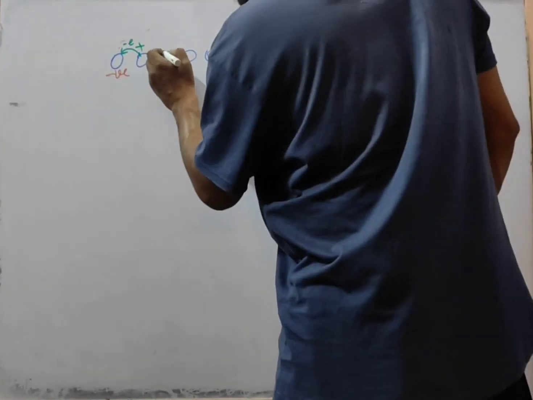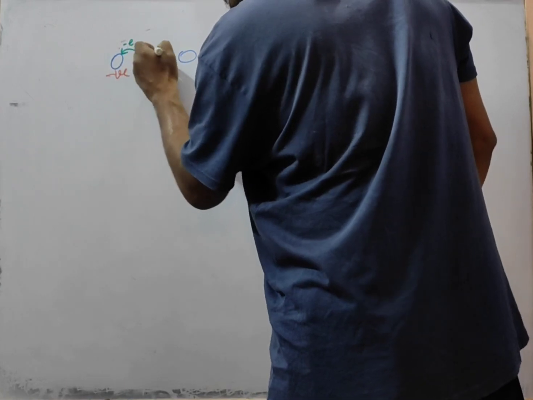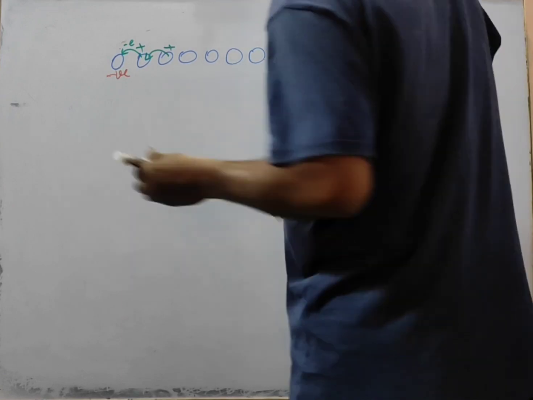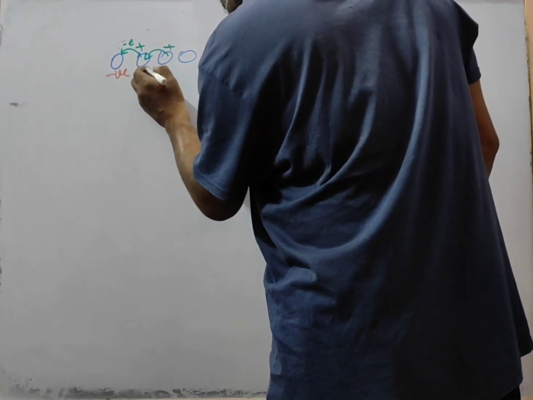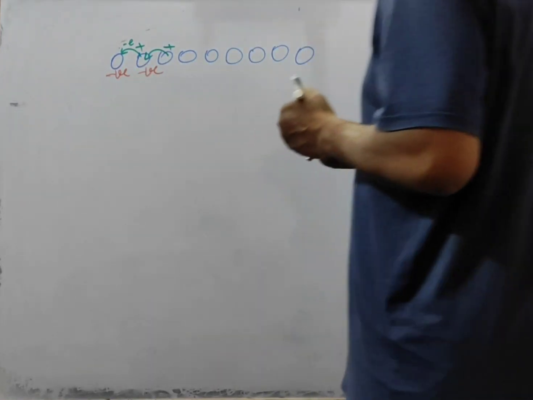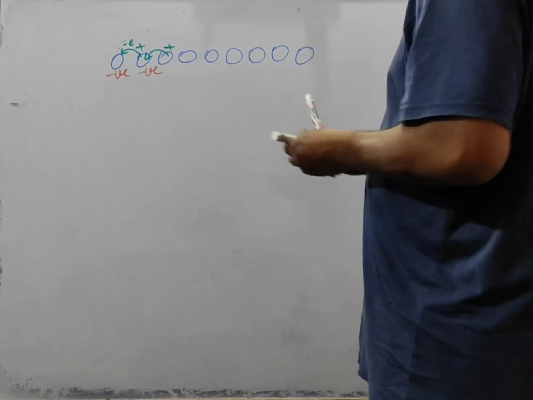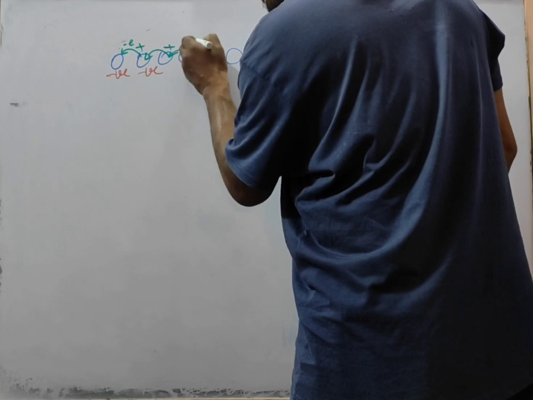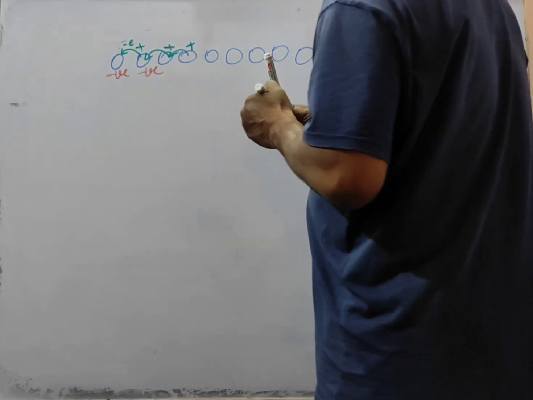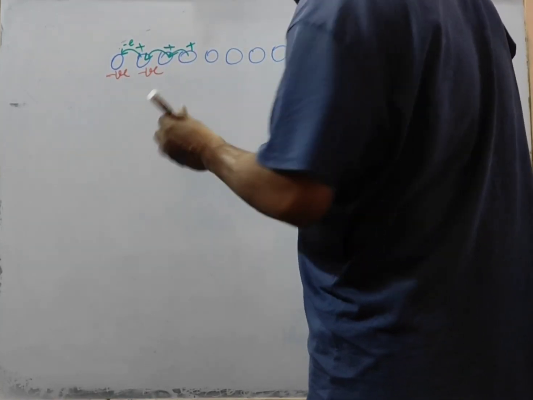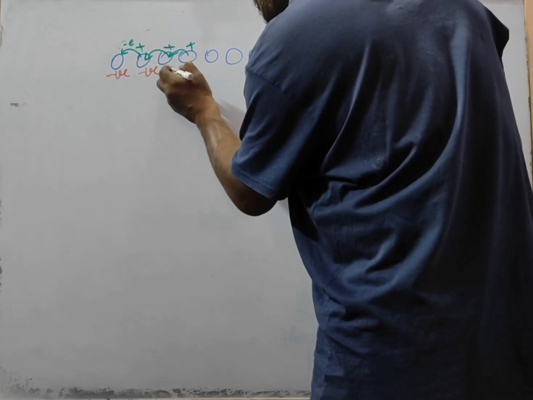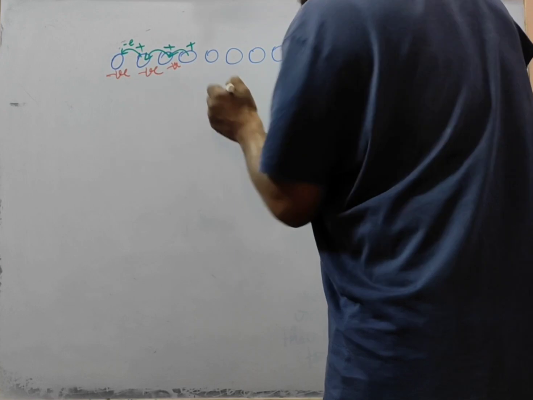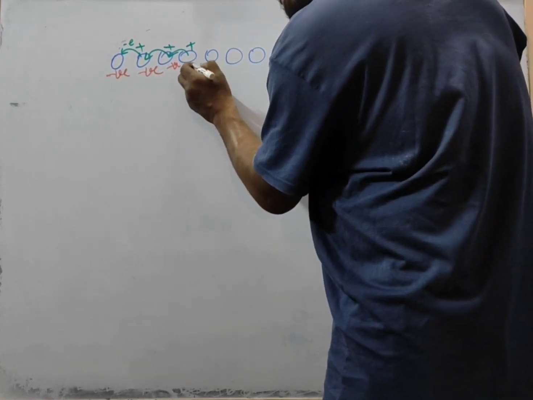Now this atom loses an electron, it gets positive charge, and the next gets negatively charged. Again this one loses an electron and gets positive charge, and the next gets negative charge.